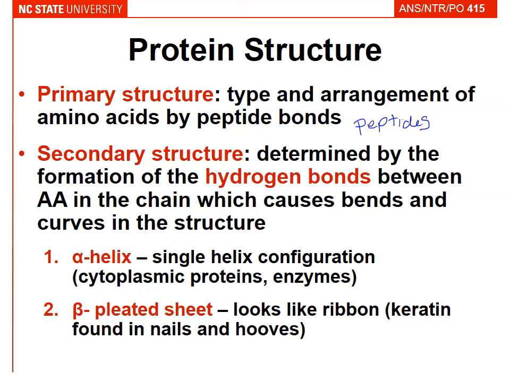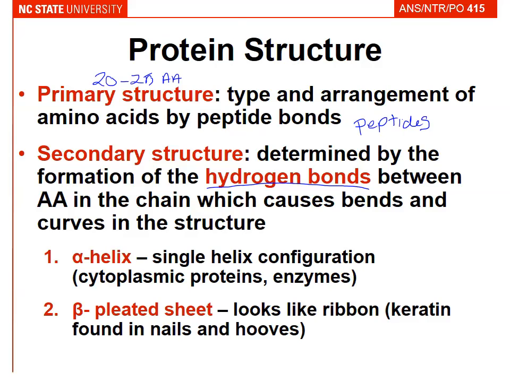Now typically once we have about 20 to 25 amino acids strung together, we start getting secondary structure. Our secondary structure is what forms when we get hydrogen bonds between the R groups, and that causes bends and curves.